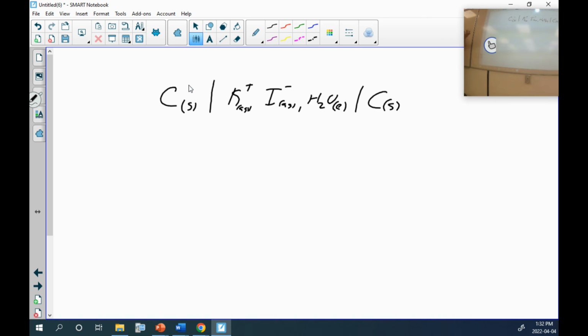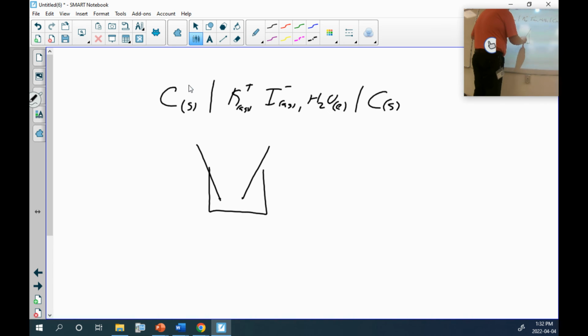We're just doing a solution of potassium iodide. So an electrolytic cell diagram might look like this.